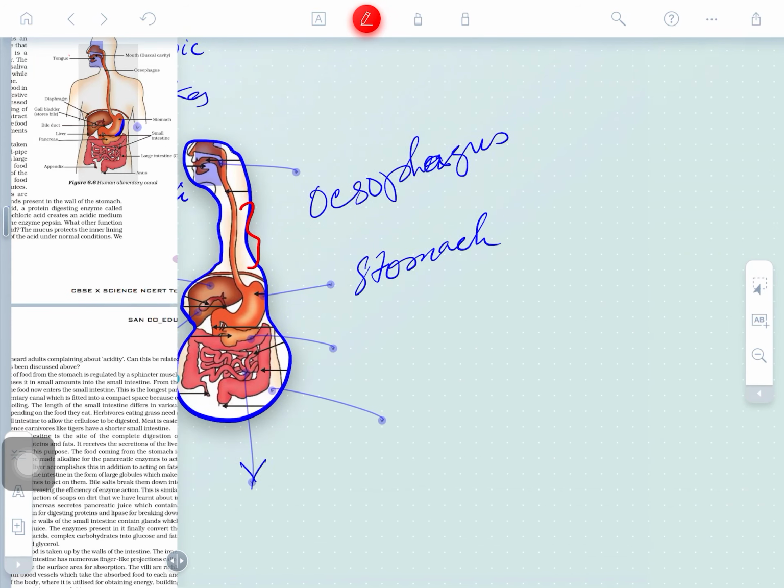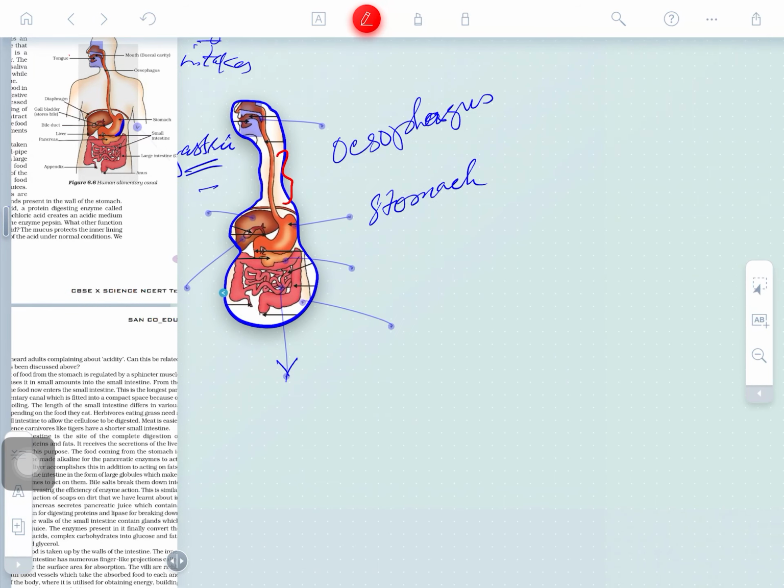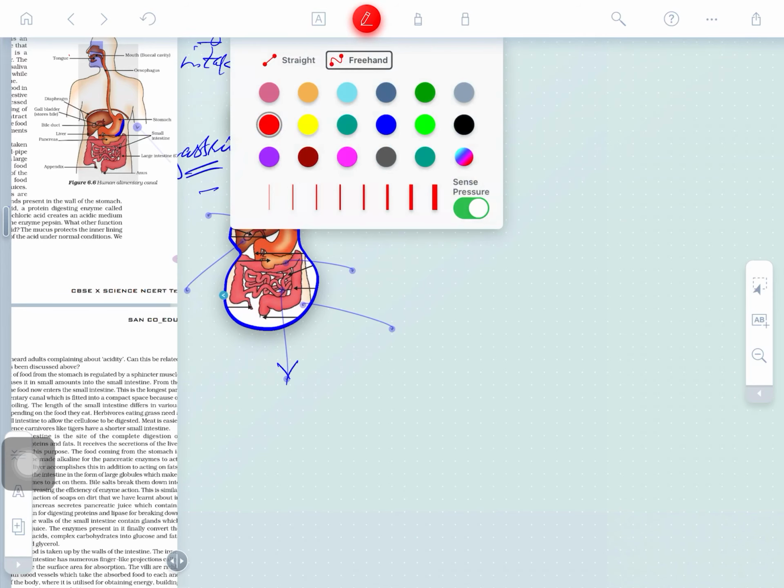Yesterday I told you how to draw this fine structure in the examination answer sheet.